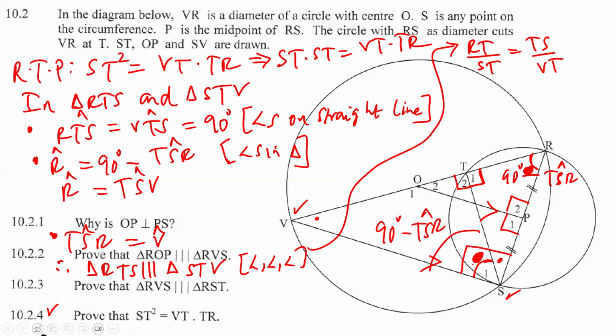Remember I said last time, you choose. Obviously we take RT over ST, and then RT over ST is equal to TS over VT.